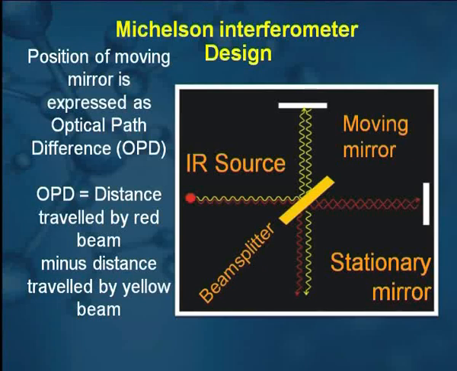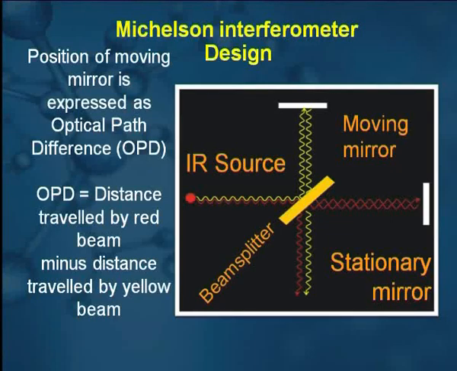The position of the moving mirror is expressed as the optical path difference, the distance travelled by the red beam minus the distance travelled by the yellow beam, as we see in the diagram.